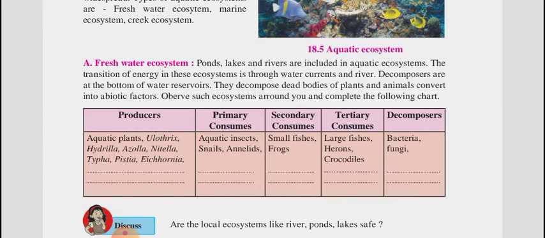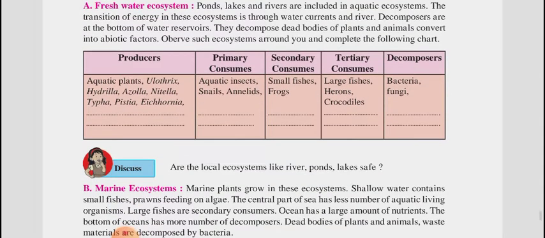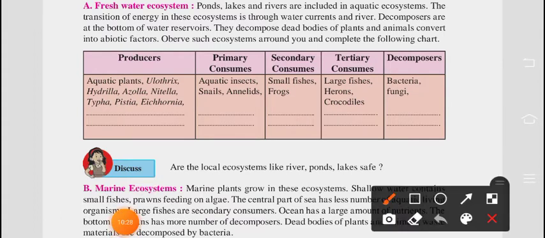Obviously, the answer is decomposers. Here you can observe one cycle about the aquatic animals. Producers are always plants. Primary consumers: aquatic insects, snails, annelids. Secondary: small fishes, frogs. Tertiary: large fishes, herons. And decomposers: bacteria and fungi.